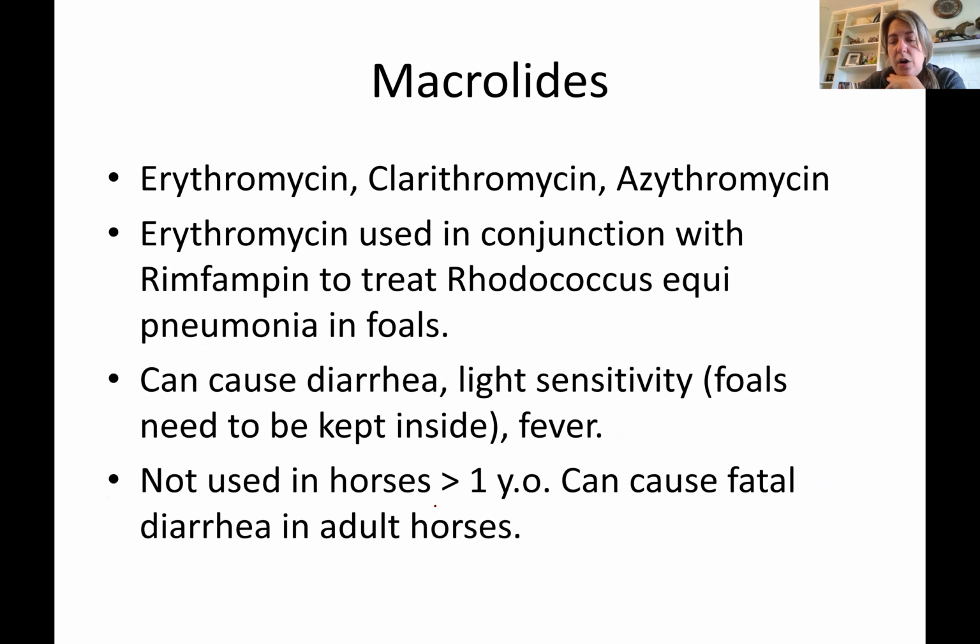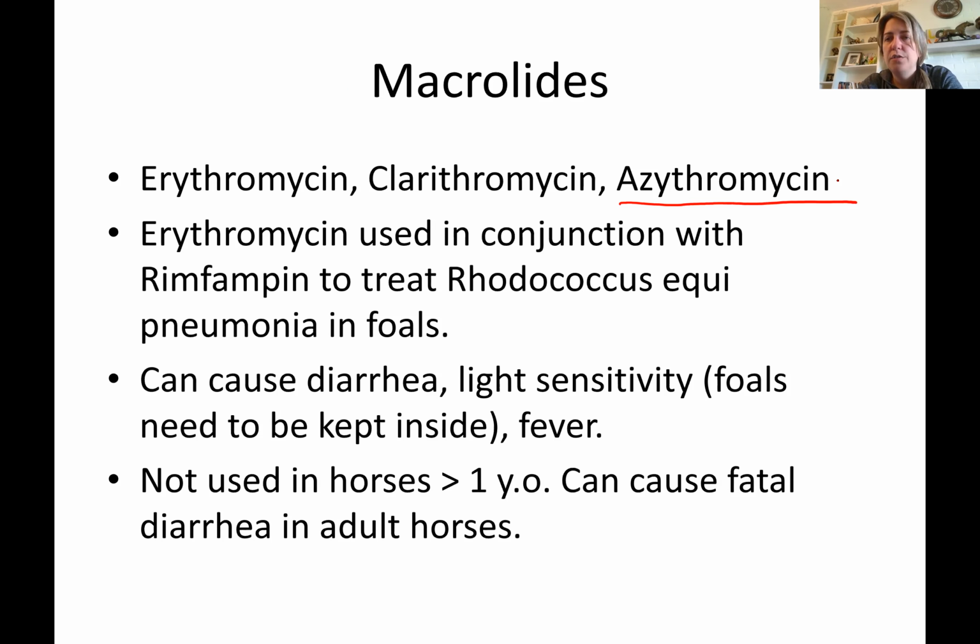Macrolides are also protein synthesis inhibitors, and this is probably a type of antibiotic that's very common to us. If you have had sinus infections and you have taken the Z-Pak, so Z-Pak is this guy right here, azithromycin, okay? So macrolides are going to be erythromycin, clarithromycin, azithromycin, etc., okay?